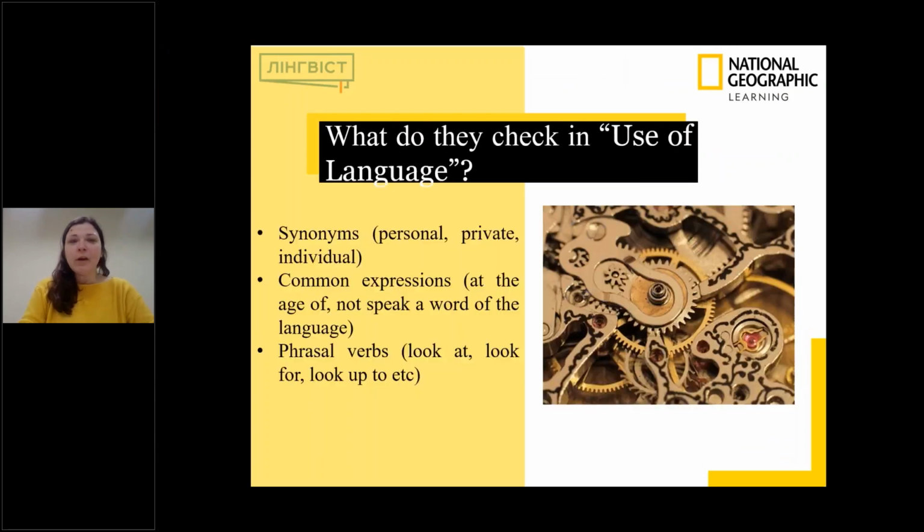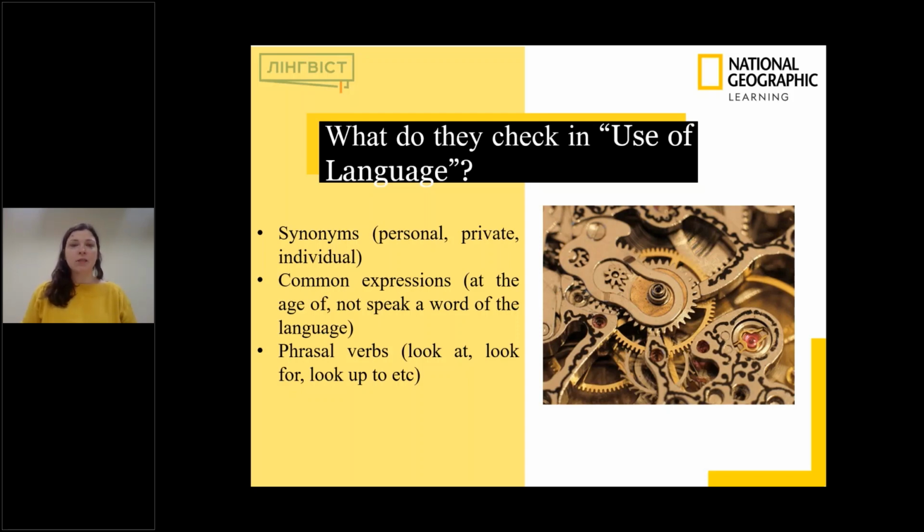So, very quickly, what do they check in use of language? And here we talk mostly about Ukrainian exams. So, first of all, they check your vocabulary, and you were right. It's important to know synonyms. For example, what's the difference between personal, private, and individual?